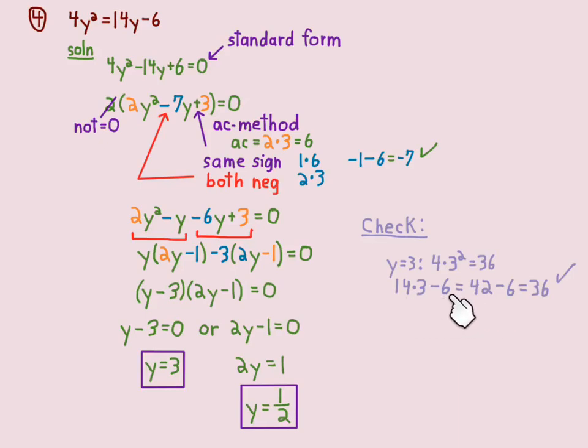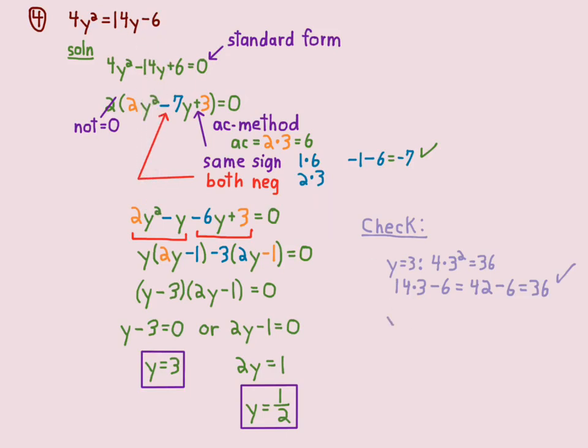Most of the time when people enter things incorrectly in their calculator, it's because they didn't write down what they were calculating first. So just write down what you're calculating, then put it in the calculator, and then you're more likely to get the right answer. These are both the same, so that checks. So y equals 3 is indeed a solution to this equation.